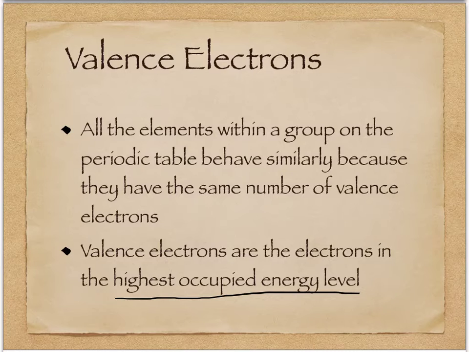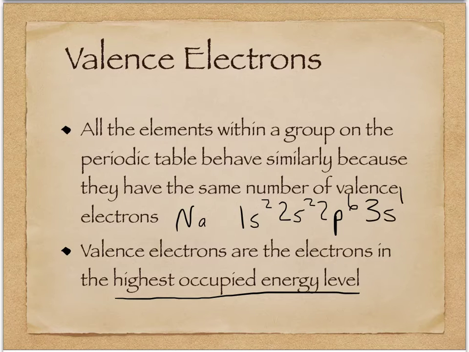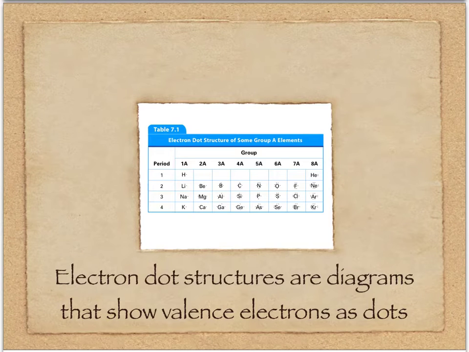If we're talking about sodium, its configuration is 1s2, 2s2, 2p6, 3s1. The 3s1 is the outer configuration, so that's its outer electron, its valence electron.